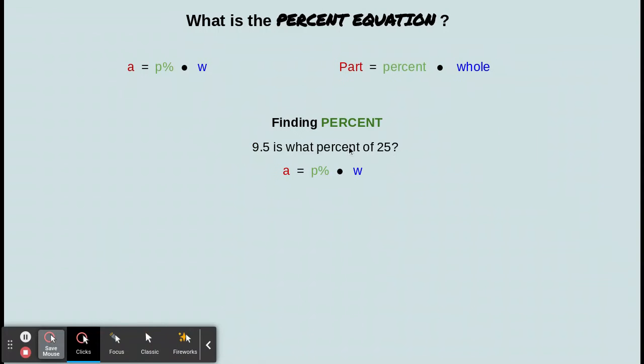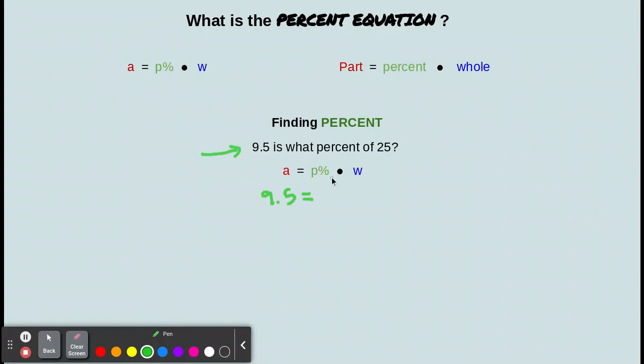Okay, moving on to use the percent equation to help us find the percent. So in this question here, they say 9.5 is what percent of 25? Okay, so 9.5 is our part.